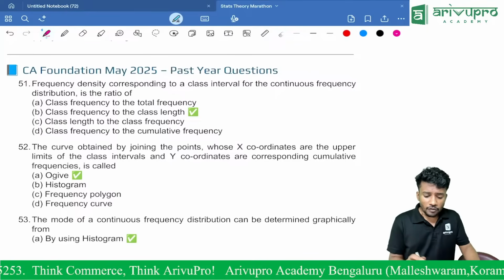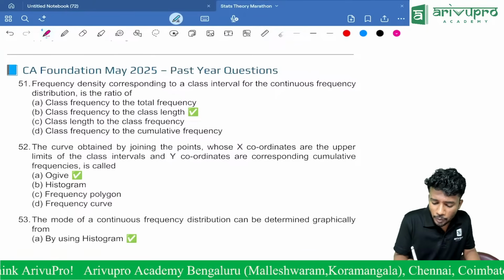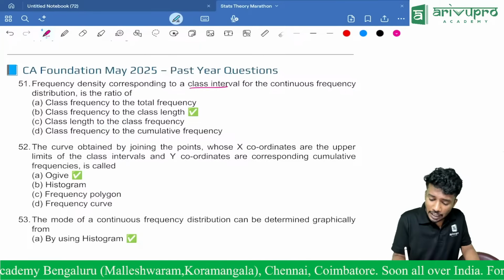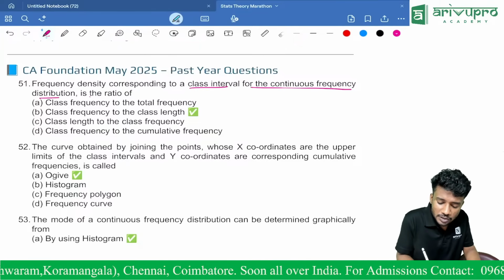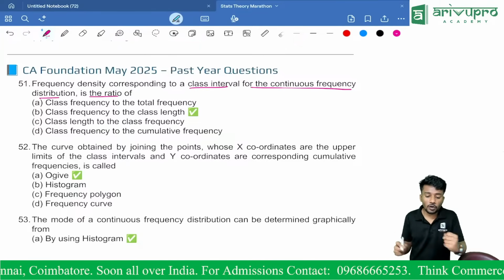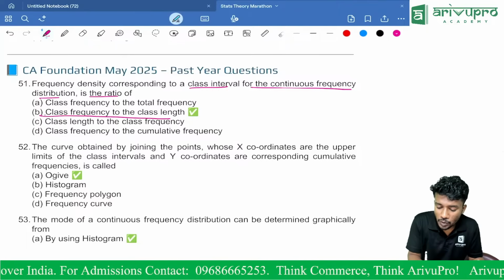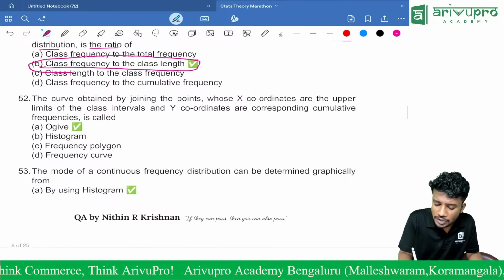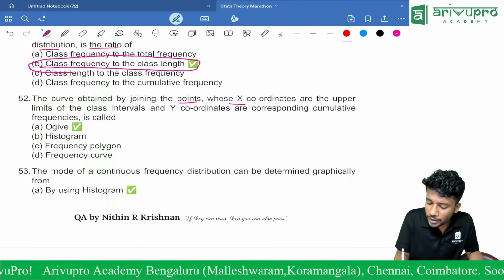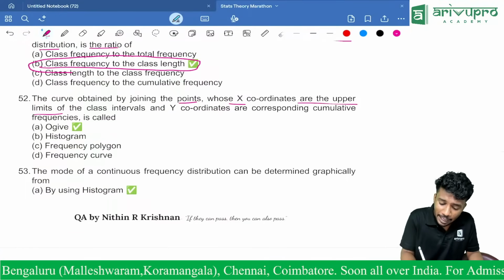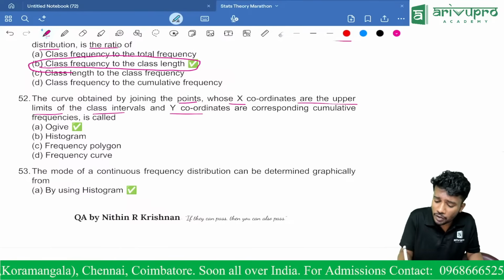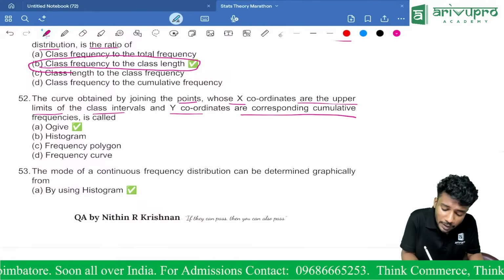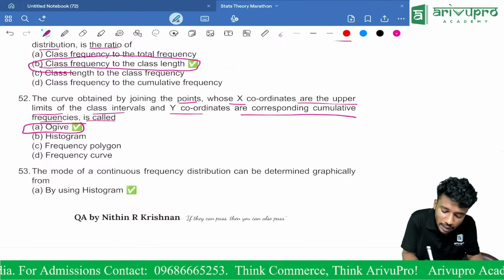Now, frequency density corresponding to a cumulative class interval for a continuous frequency distribution is the ratio of what? Class frequency to class length. Okay. Then the curve obtained by joining the points whose x coordinates are the upper limits of the class intervals and y coordinates are the corresponding cumulative frequencies is called what?